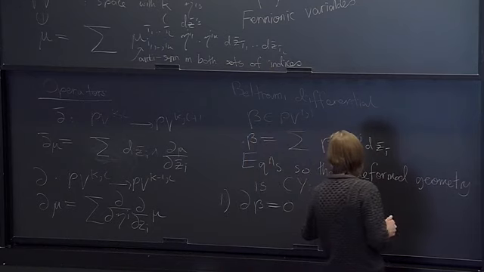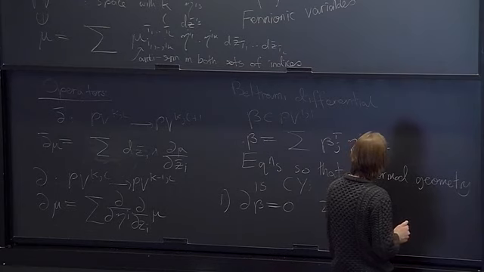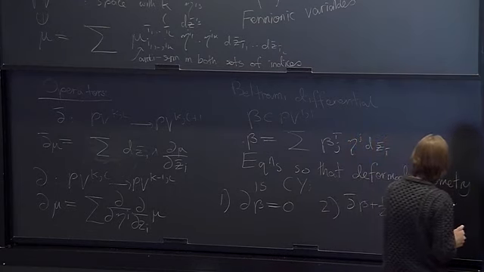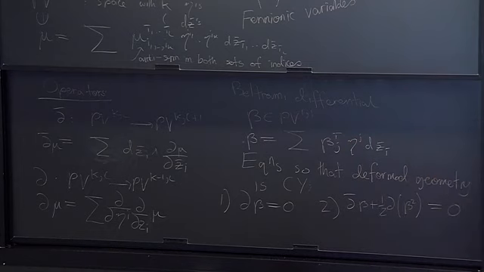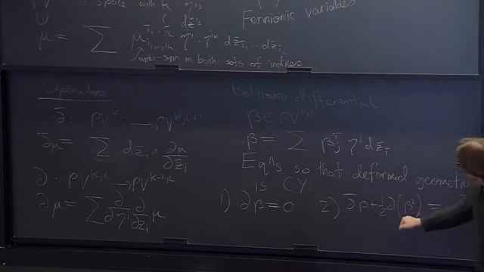And the second equation is that del bar beta plus half del beta squared is equal to 0. So the first equation is a kind of divergence-free condition, and the second is the integrability equation that guarantees there are enough holomorphic functions.